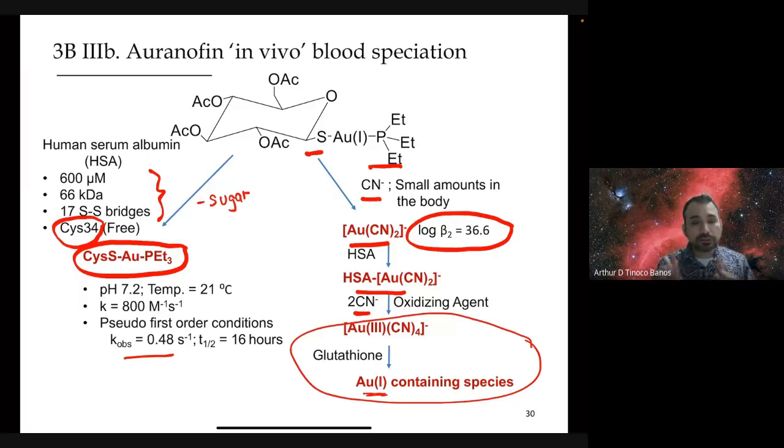All right, so that's two different biological fates. One enabling one type of effect, whereas the other enables another type of effect. So one is this slower release of the gold and a longer retention to have this rheumatoid arthritis effect, and one where you want this rapid delivery of the gold to a cancer cell to enable that effect.